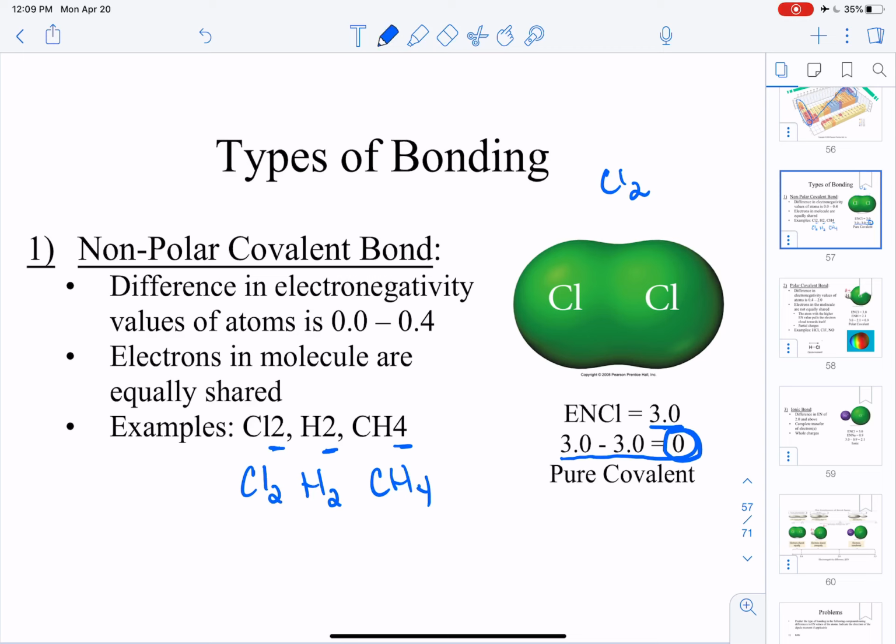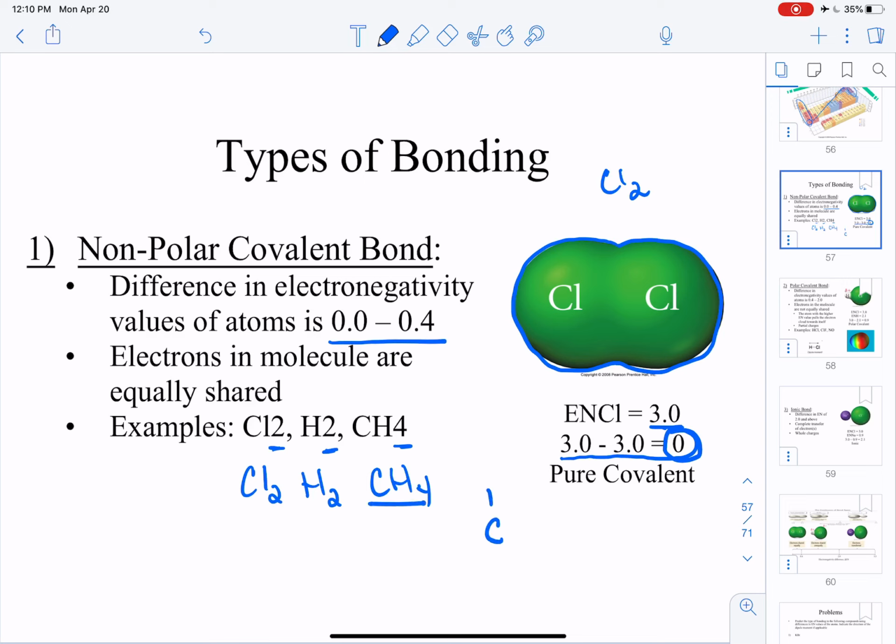They stay nice and evenly distributed around each of those atoms there. If we have a difference in electronegativity all the way up to 0.4, we consider that to be a nonpolar covalent bond. And where we will see 0.4 is with carbon-hydrogen bonds.